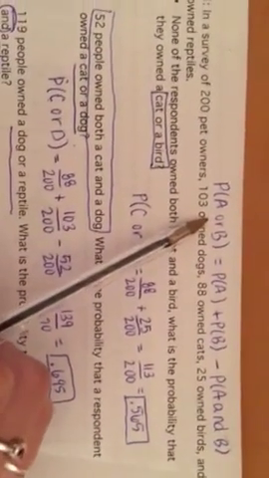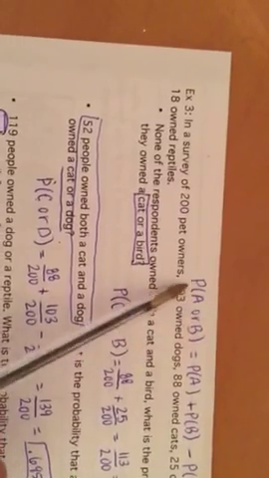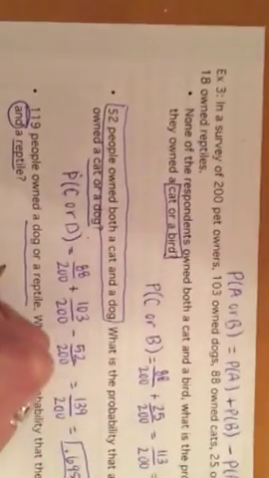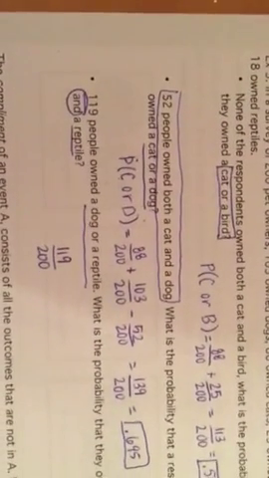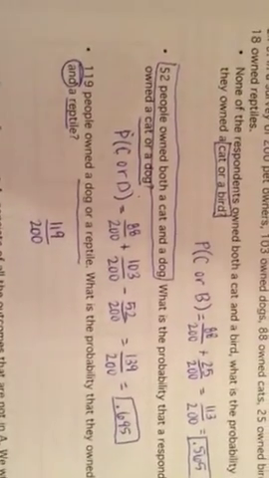I'm given the probability of A or B. That's this 119. So I'm going to fill in that part that I know on this side of the equation. So 119 out of the 200 people owned a dog or a reptile.